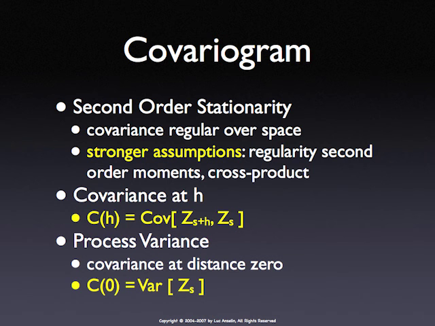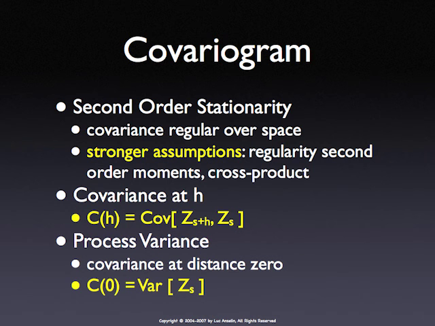One moment of the distribution is this spatial covariance matrix, which tells us how different locations covary. But to get to that, we need a little stronger set of assumptions. Specifically, we need to know the mean.